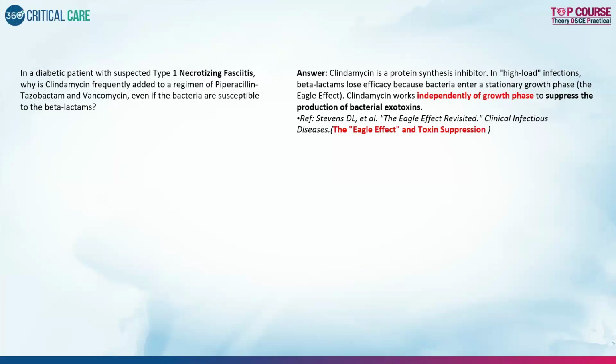So if it is not growing, the bacteria is smart, it becomes static, and at the same time starts producing exotoxins. This gives dual protection. To offset this problem, we need to use clindamycin. This is known as the Eagle effect. Read about this, it's actually a very nice thing.